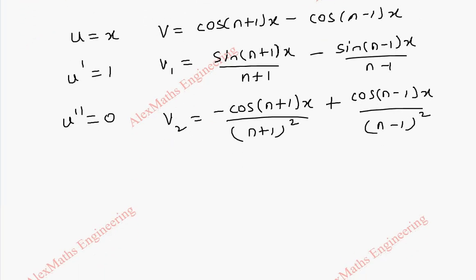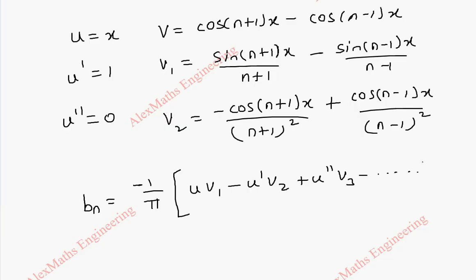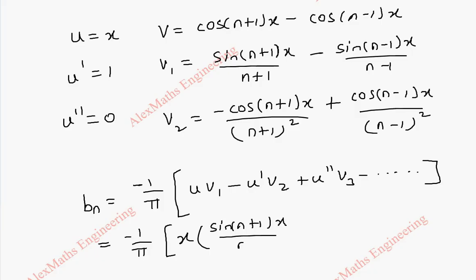Now using Bernoulli's formula, bn is minus 1 by pi, and we have u v1 minus u dash v2 plus u double dash v3 minus dot dot dot. We will replace all the terms. So outside we had minus 1 by pi, u is x, v1 is sine of n plus 1 x by n plus 1 minus sine of n minus 1 x by n minus 1.